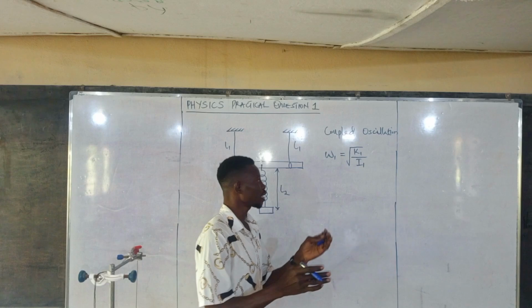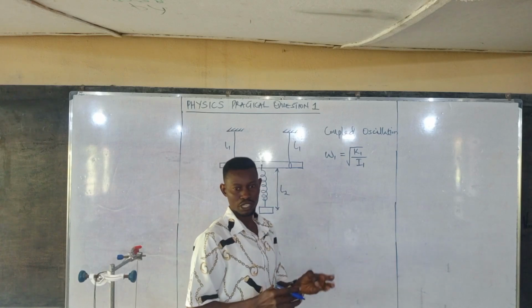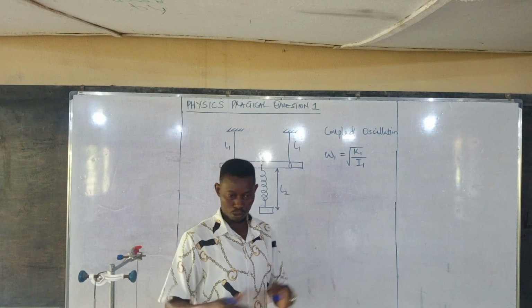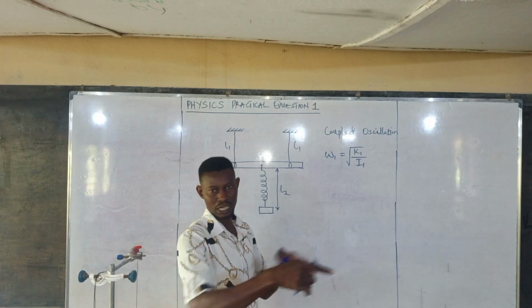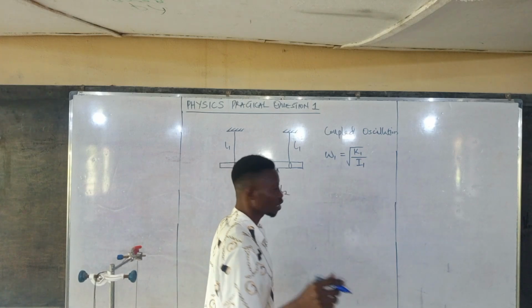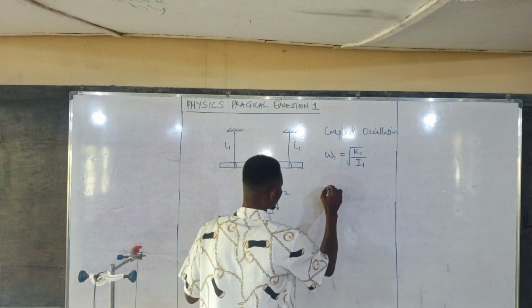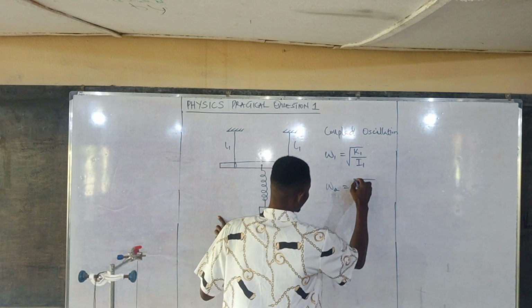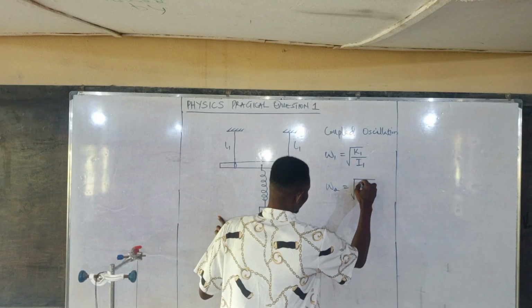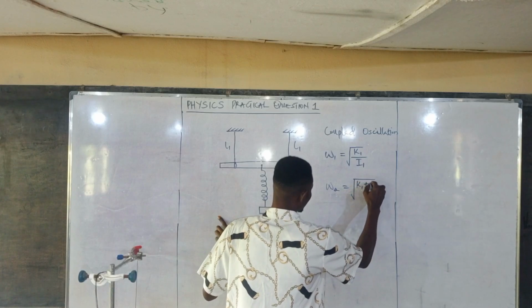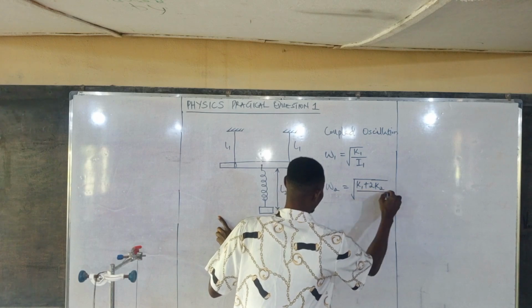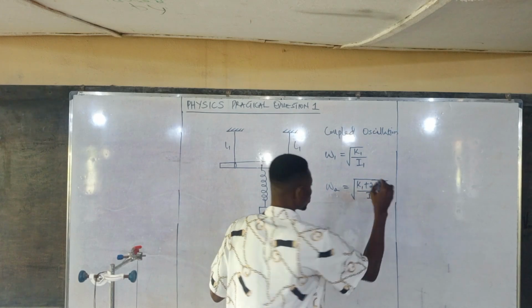There's going to be another angular frequency when the two bodies are now oscillating in phase. When we do the experiment, you will notice that the oscillations will be faster because the two bodies are in phase. In that case, you have omega 2 equal to the square root of (k1 plus 2k2) over I2.